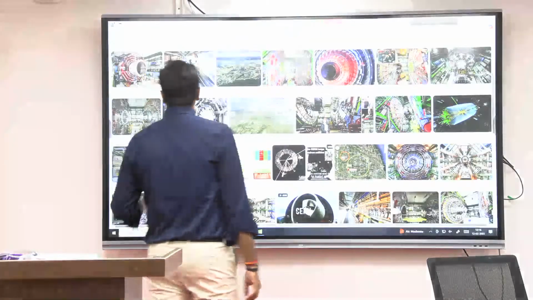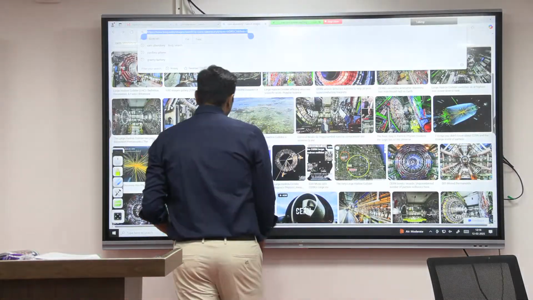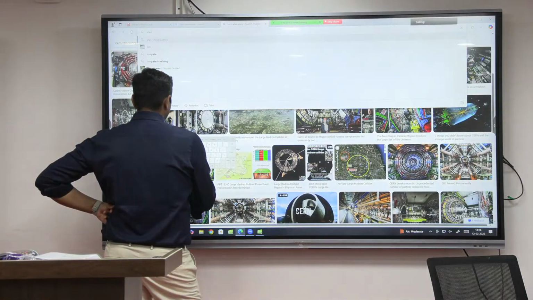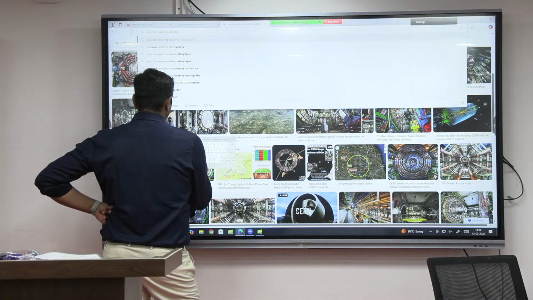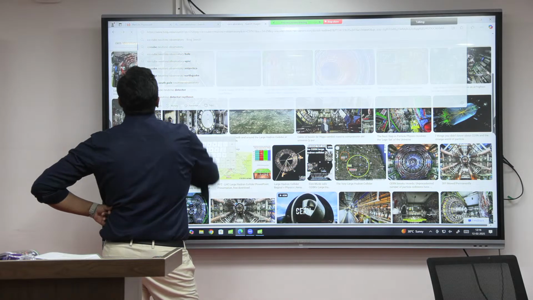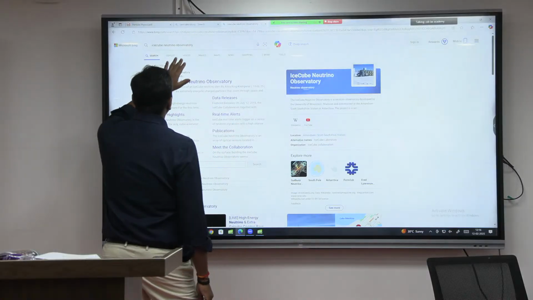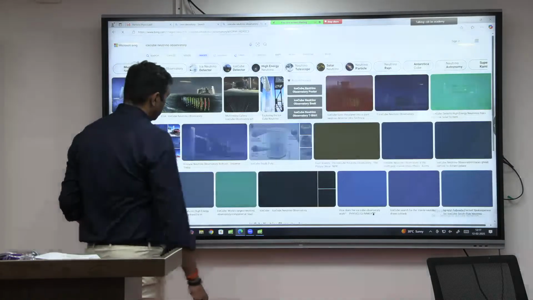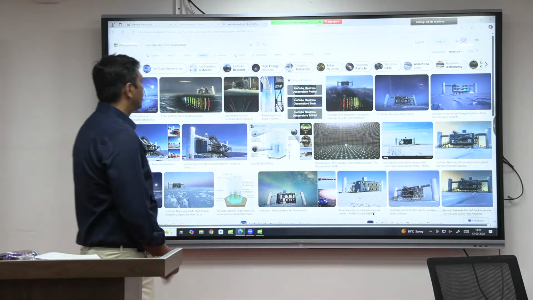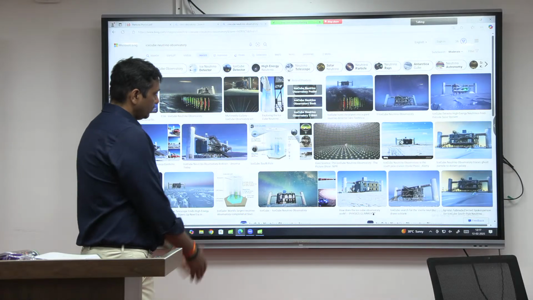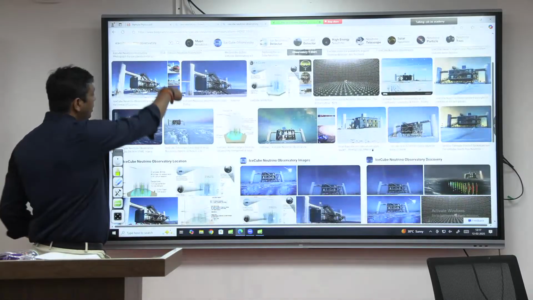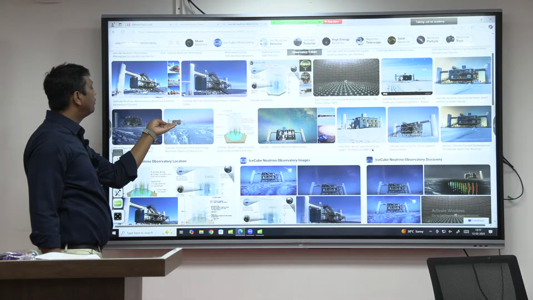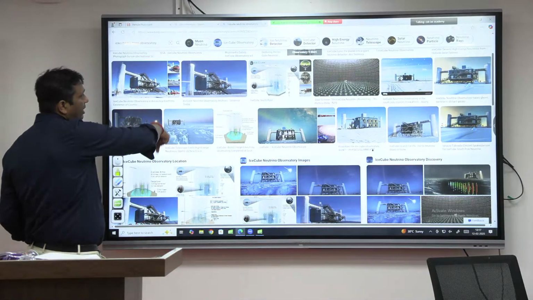I can show you this picture also, guys. See, ice cube neutrino observatory, you can see many pictures here. Ice and ice. This is the best picture you can see here. It's deep inside. Only a little bit of information is above, and the maximum area is deep inside.